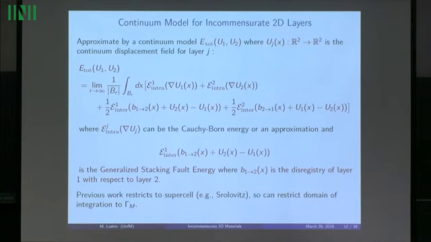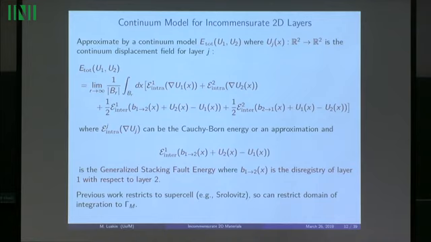If there was no interaction between layer 1 and layer 2, the ground state would simply be two lattices. There'd be no reason for them to shift, because the lattice is the minimum energy structure of each layer, say graphene. There's no reason we would have any displacement at all.